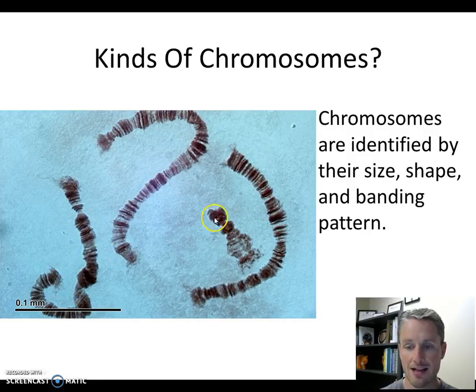They have different sizes and shapes, and they also have different banding patterns. There's dark areas of the chromosome, and there's light areas of the chromosome. So biologists can take a cell, collect all the chromosomes out of the cell, stain them, and then observe them under the microscope. And based on their size, shape, and banding characteristics, we can sort them into different kinds.